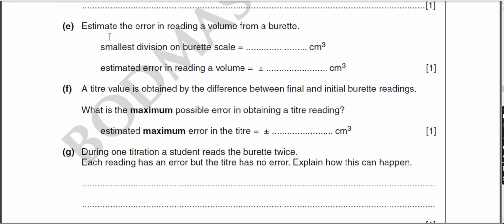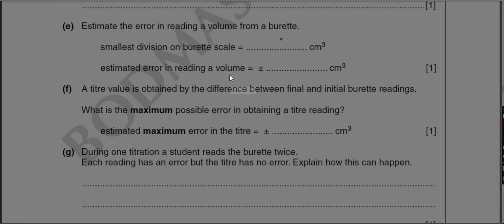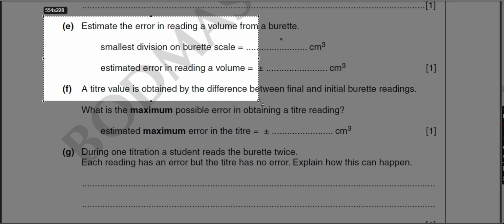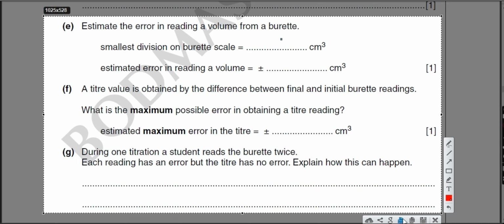Next, he says to estimate the error in adding a volume from a burette. Remember that the minimum value is 0.05. Because I am unable to write here, I'm just going to copy so that you can easily see what I'm going to do.